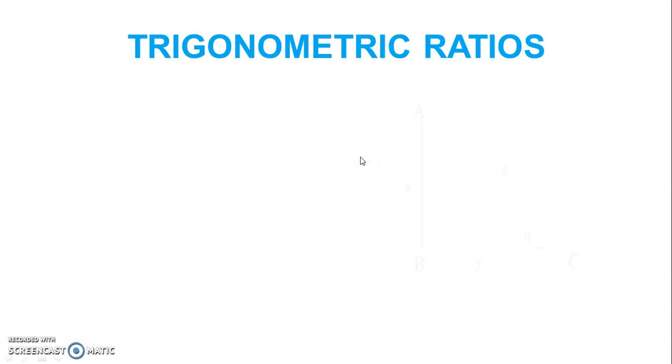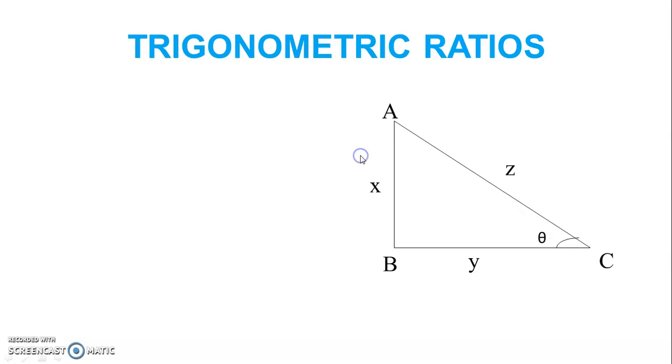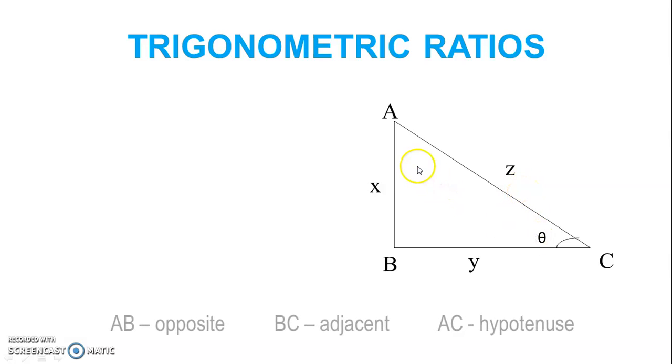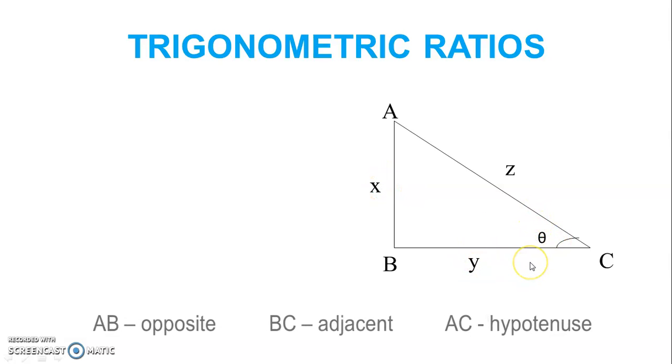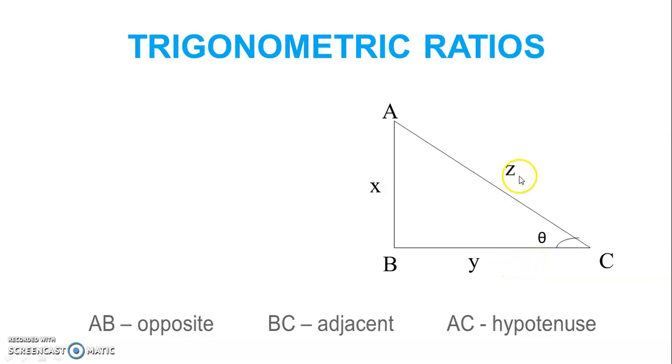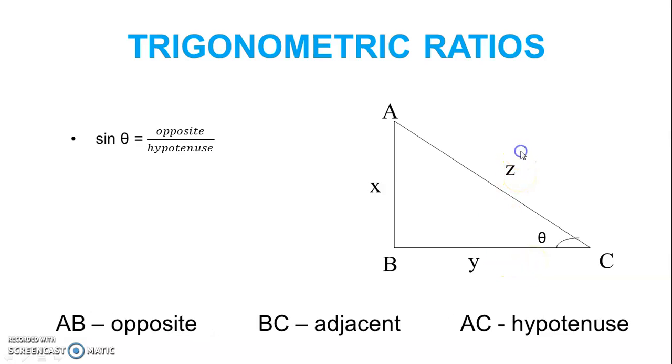So first we will learn about trigonometric ratios. Consider this triangle ABC. In this triangle, AB, BC and AC are named as opposite side, adjacent side and hypotenuse respectively. That is, the side which is opposite to this angle theta is called the opposite side, the side which is adjacent to this angle theta is called the adjacent side, and the other side is called the hypotenuse.